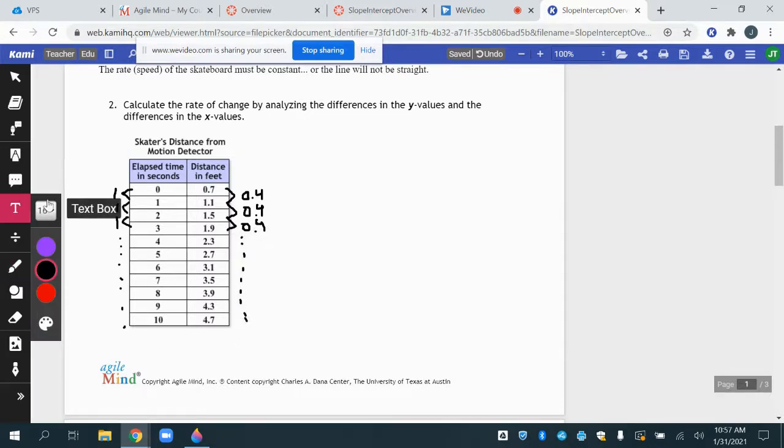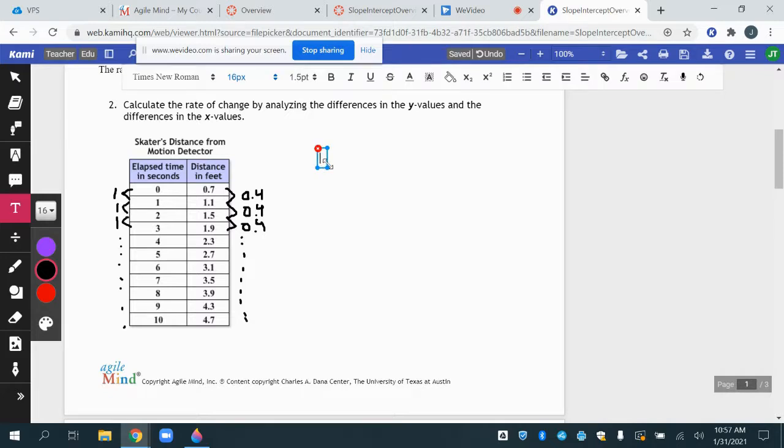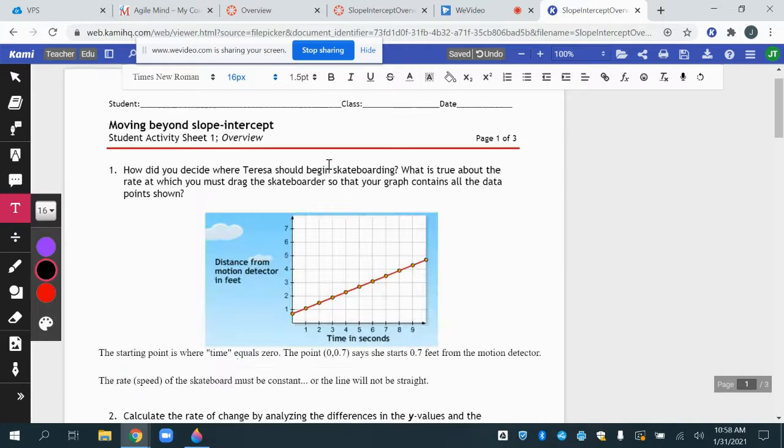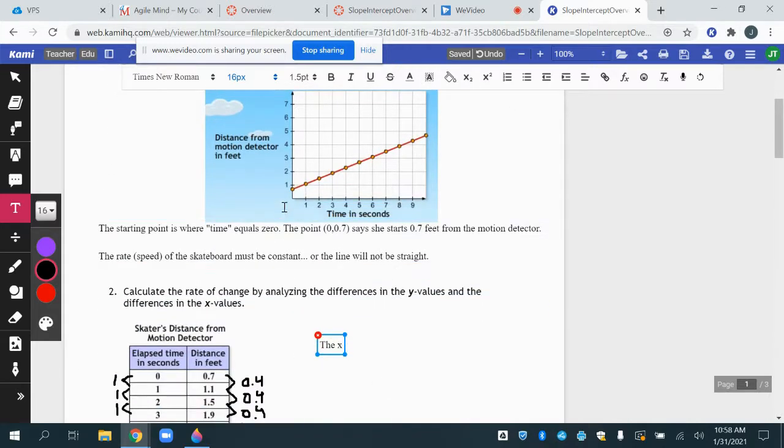Okay, so what are we going to say? The y value, or sorry, x is our, what is our x? Well, it's time, because that's on the x-axis.